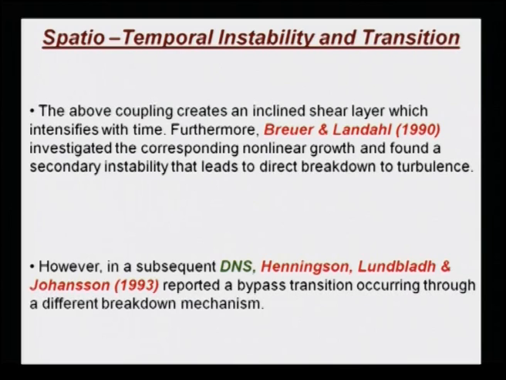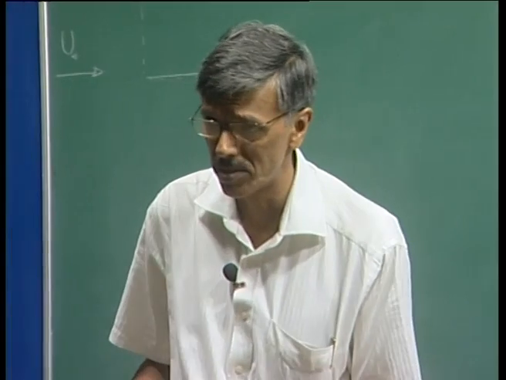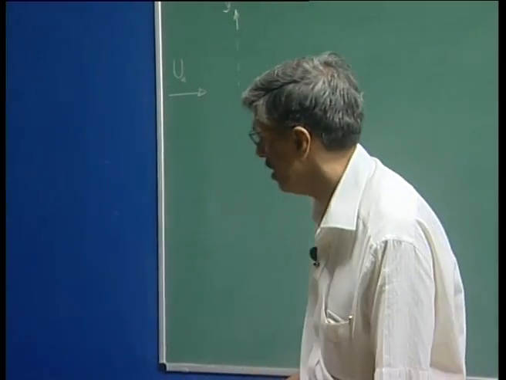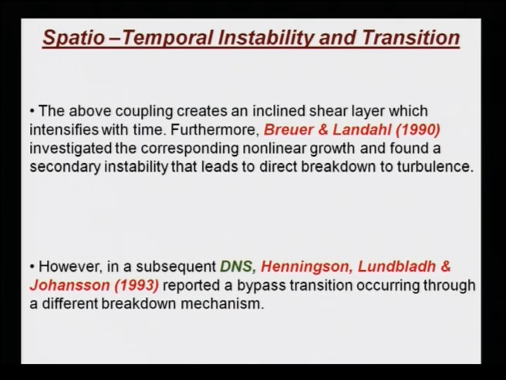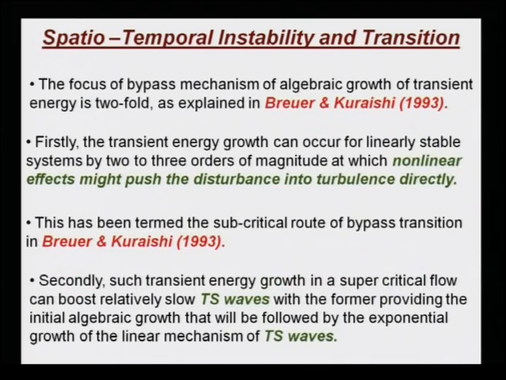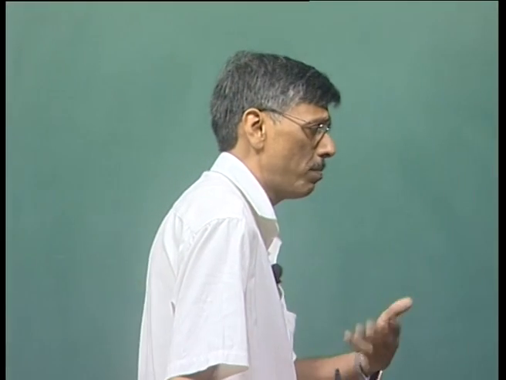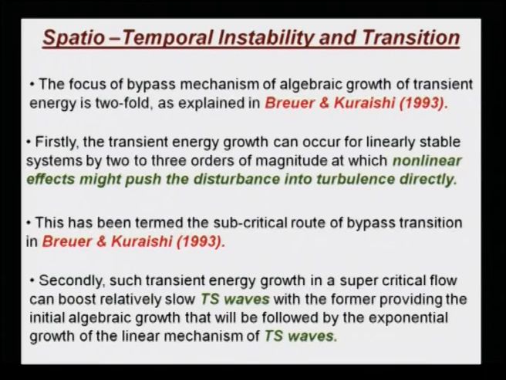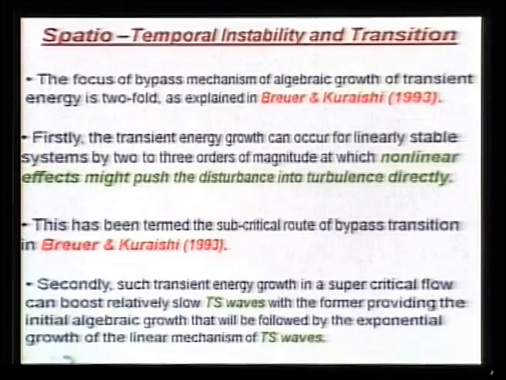While these things are going on, there are lots of efforts that have also gone into solving the full Navier-Stokes equation without an assumption, which we call the direct numerical simulation. In one such effort, Henningson and his co-authors talked about a bypass transition mechanism, which does not depend on any of these previous linear instability mechanisms. So, basically when you are looking for any bypass mechanism, people were looking for algebraic growth.